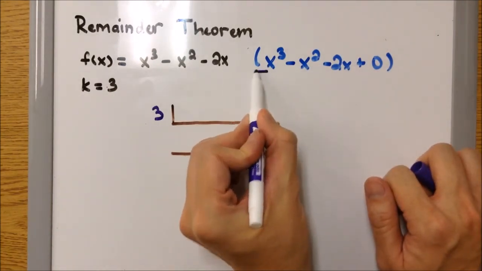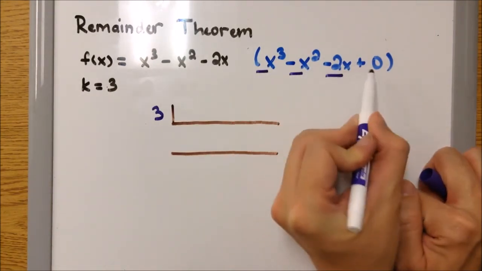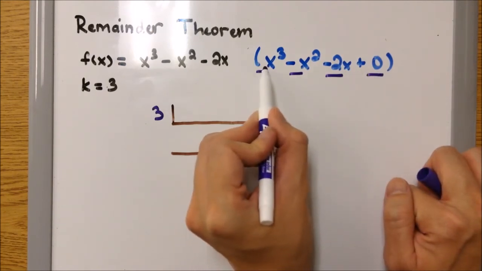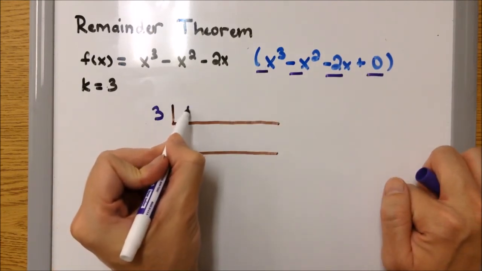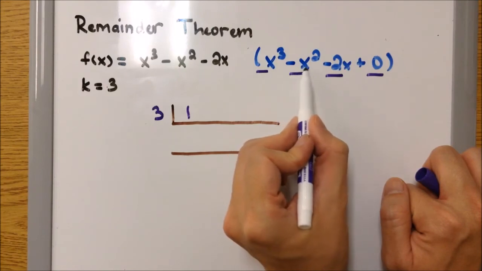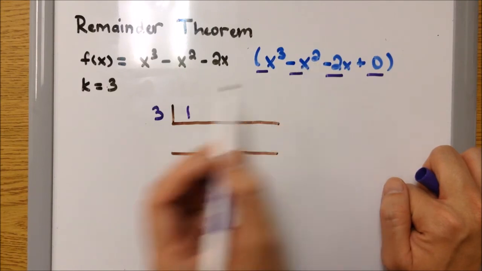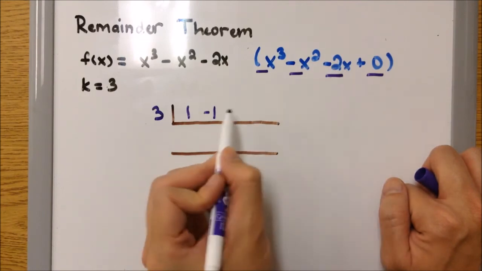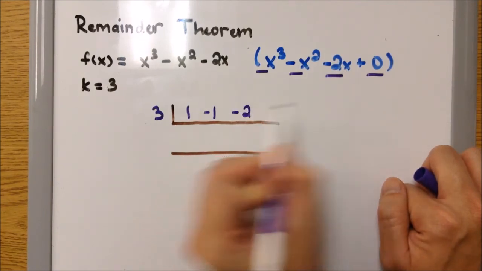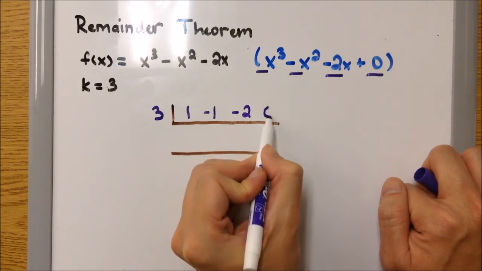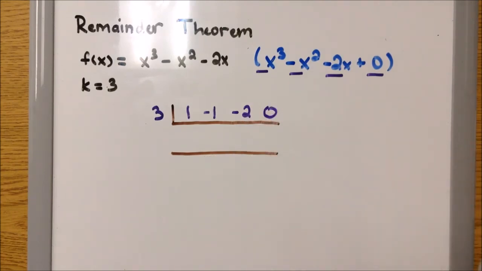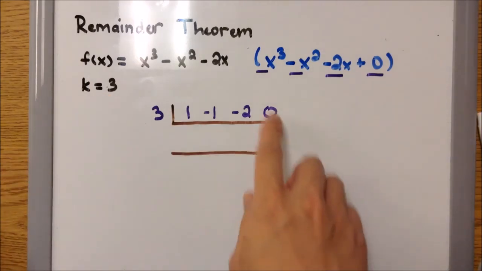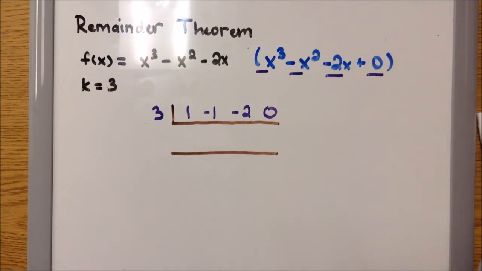So I'm going to underline all the coefficients. So here is the invisible 1. Here, since it's minus x squared, that means it's negative 1. And then since it's minus 2, so negative 2. And then that 0 right here. So we got all of our coefficients. So again, 3 from here, and then all of our coefficients.